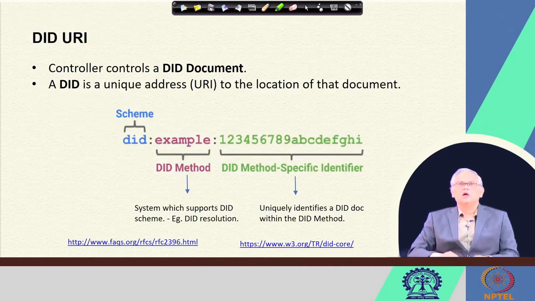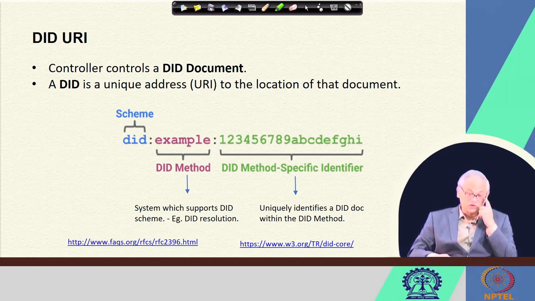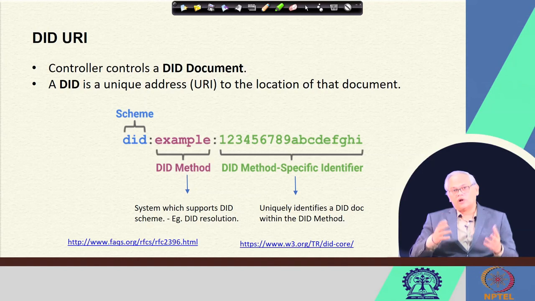If you remember, in the last lecture we mentioned that a DID has this kind of structure. A DID resolves to a DID document, and this DID document resides in a verifiable data registry. These DIDs are for some subjects, and these DIDs are created by controllers who can also update them if required.